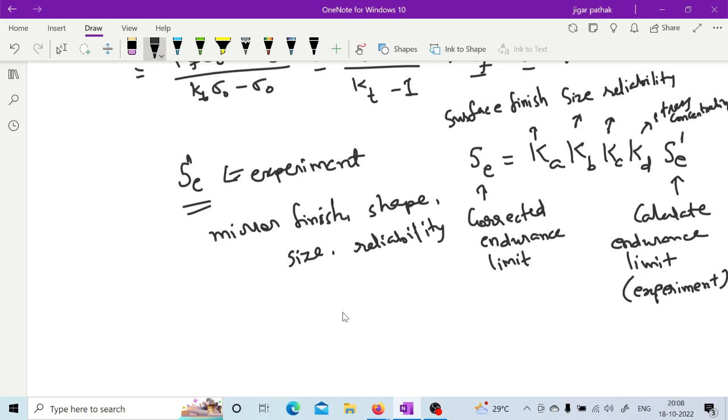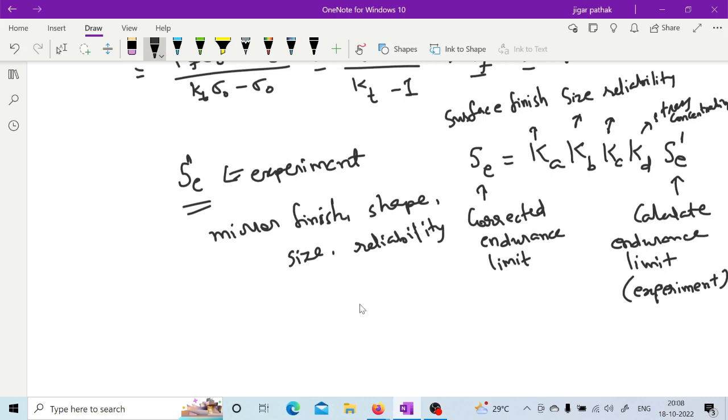So this is how you modify the endurance limit you observe from your experiment.